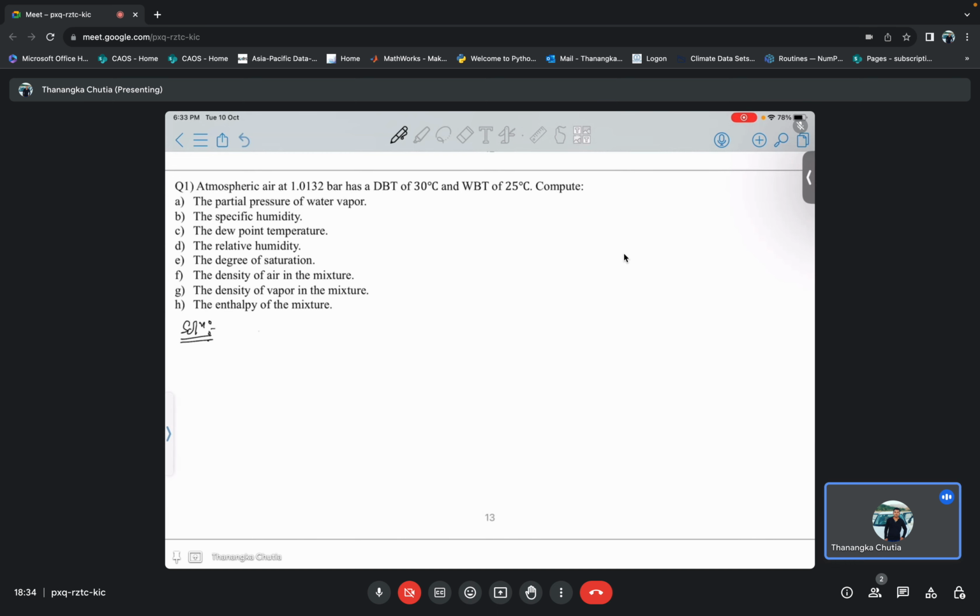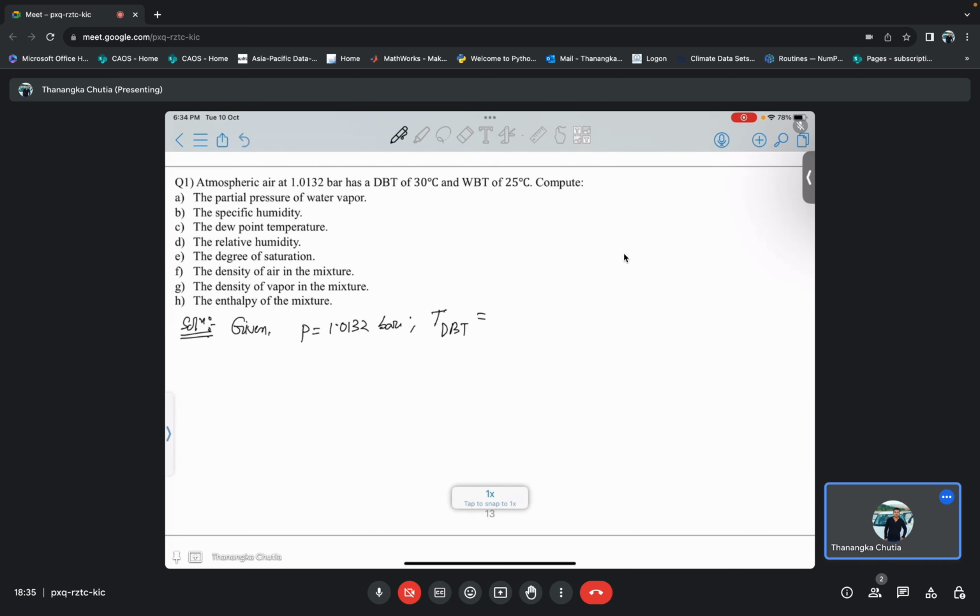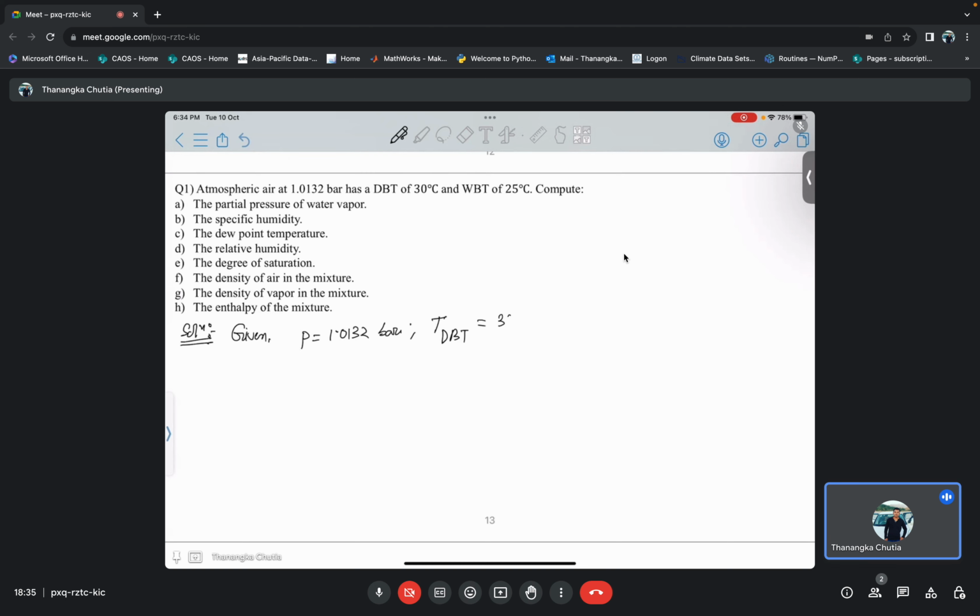So how will we solve this? Given: P is equal to 1.0132 bar. Dry bulb temperature, which I can write as T dBT, is equal to 30 degrees Celsius.